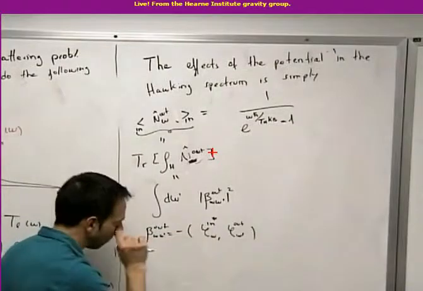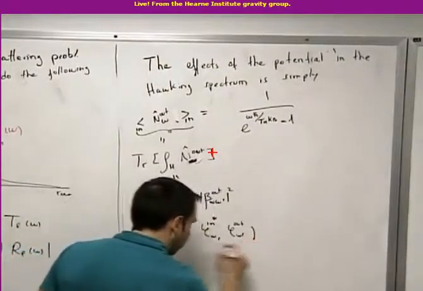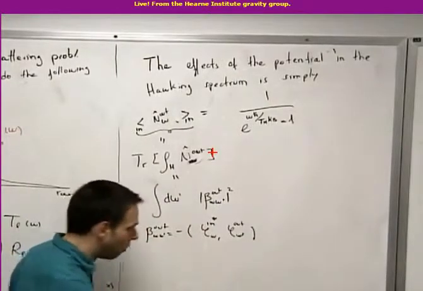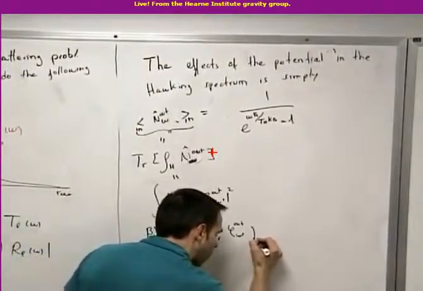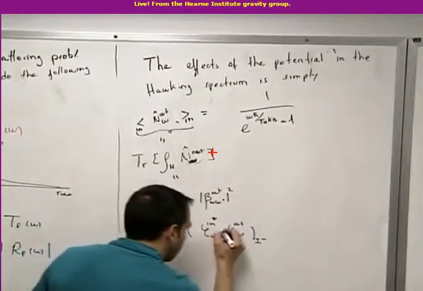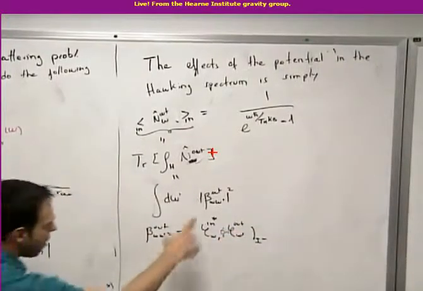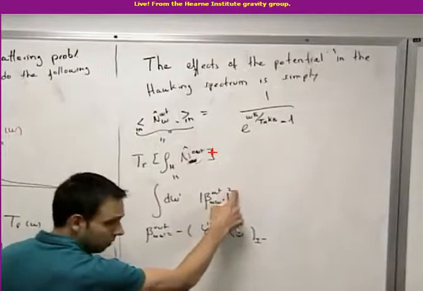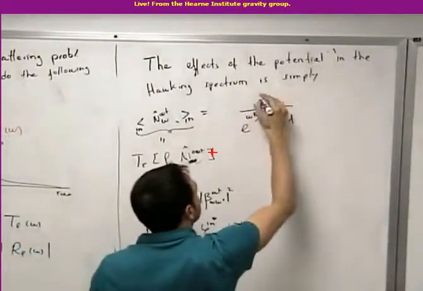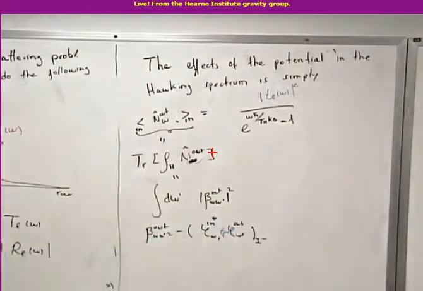So take that. But remember this inner product, as I said a minute ago, was an integral evaluated at Scri. We choose to do it at Scri class. So the only thing we have to do is to put here a T_l of omega, and here you have beta squared. This is the way that Hawking radiation is going to be modified.